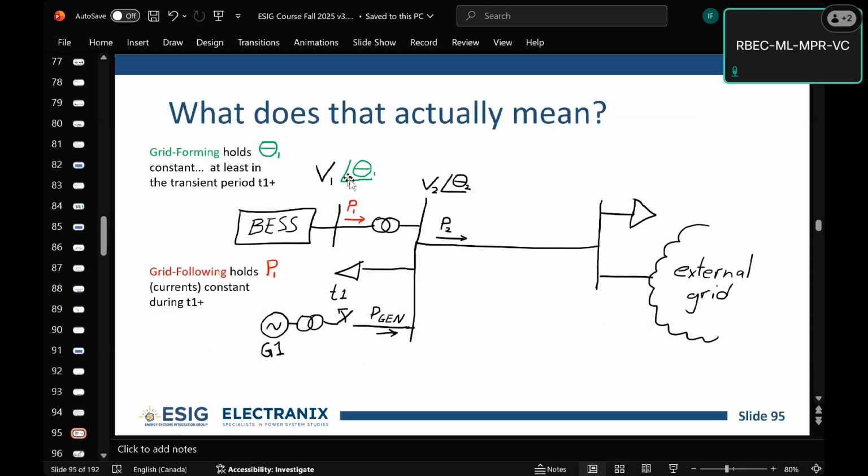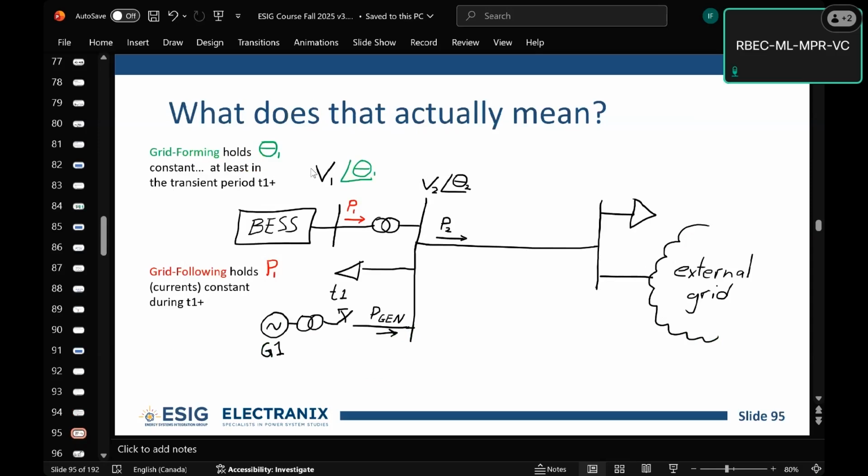Grid forming, if we're just thinking about angle now. So I said voltage phasor, which means magnitude and angle. We're just going to think just about the angle for now, okay? So a grid forming battery is going to hold V1's angle, so theta 1, constant in the transient period, so T1 plus. So we're going to make a transient in the system by opening this generator breaker.